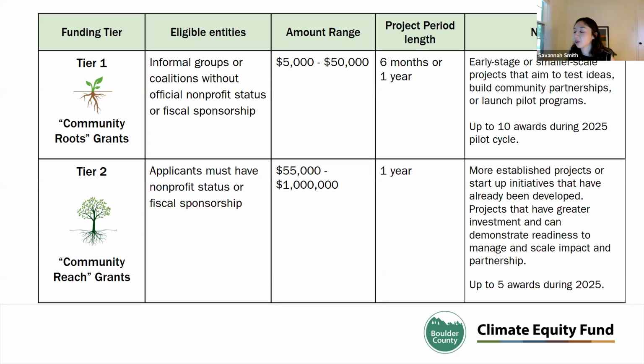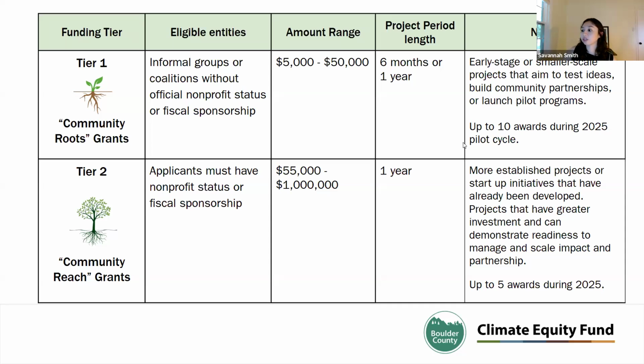So we have two different tiers. It is for small startups. It could be for informal groups, as you can see with tier 1 here, and that will be up to 10 awards. So the majority of the awards will go to those smaller organizations who maybe haven't had a ton of capacity in the past, or aren't used to writing grants.